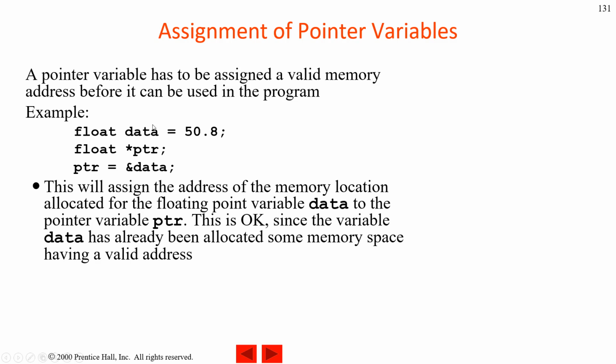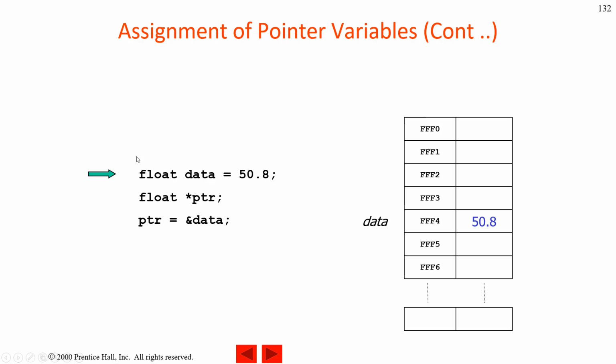Data had become a variable, it had an address, and I assigned that address to ptr. This is how it's going to look like. So when I say float data equal to 50.8, at some location, for instance FFF4, I will get this 50.8. When I write float asterisk ptr, a new variable named ptr is created, whose own address is FFF0.